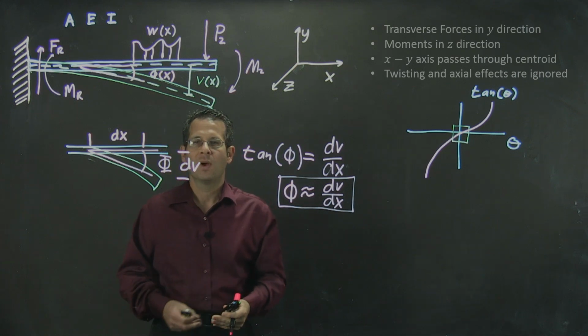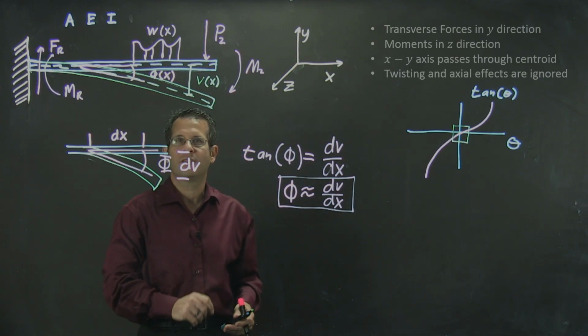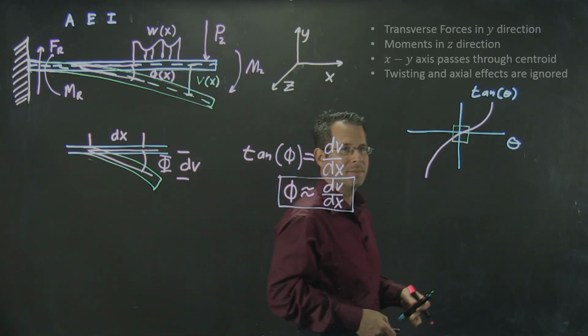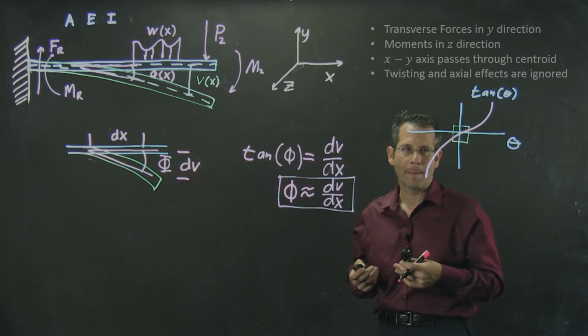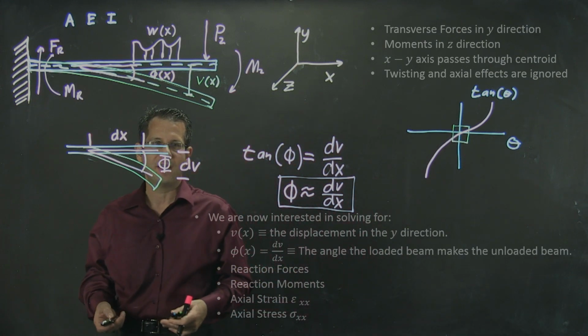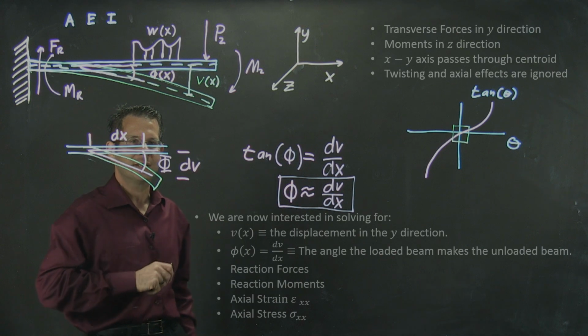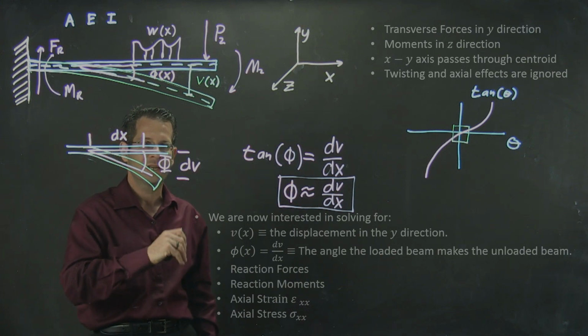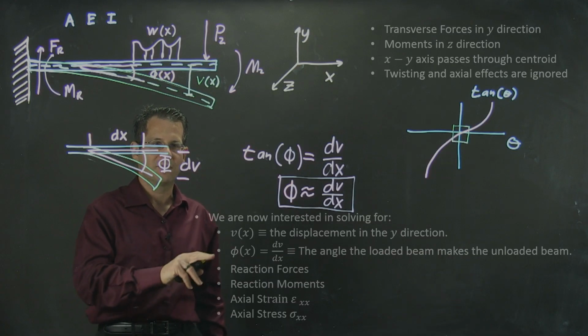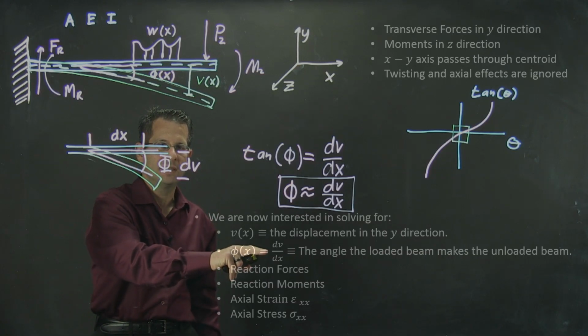All right, so now I have phi as a function of x, I have v as a function of x. What am I trying to solve for when I analyze beam problems? Obviously, I'm interested in finding, or approximating, this function v of x. I'm also interested in approximating my phi of x, which again we just denoted as dv/dx.